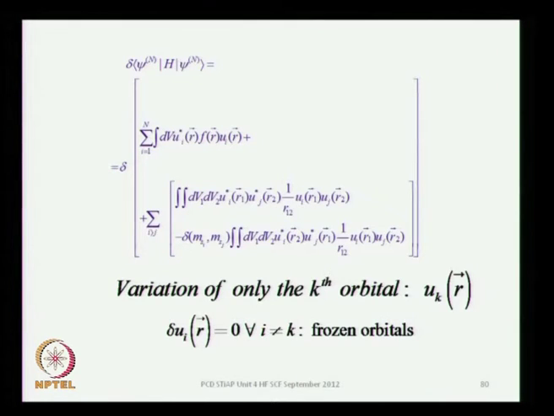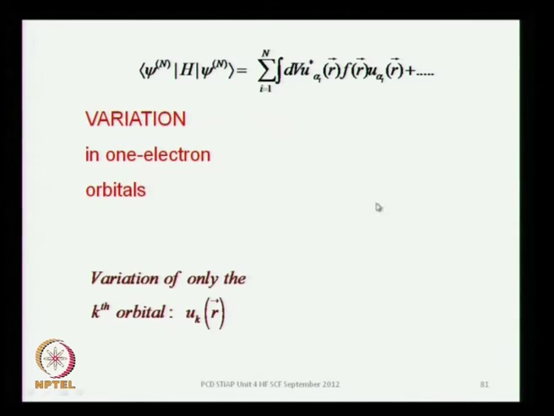So, this is the only term which you have to take into account, and in this let us just look at the first 1 electron integrals. Okay. We will also work with the Coulomb and then with the exchange, but let us work with just the 1 electron integrals coming from the 1 electron Hamiltonian H1 and seek a variation in the kth orbital alone.